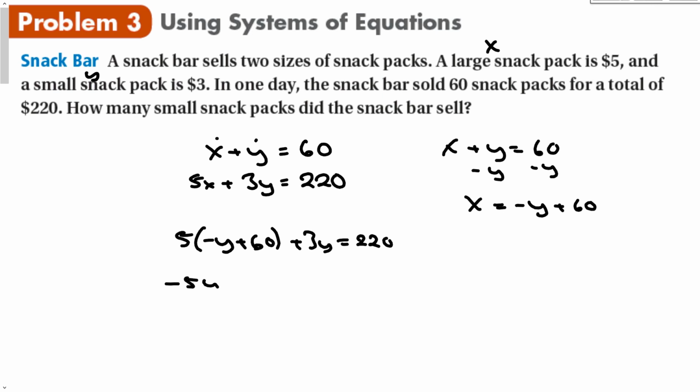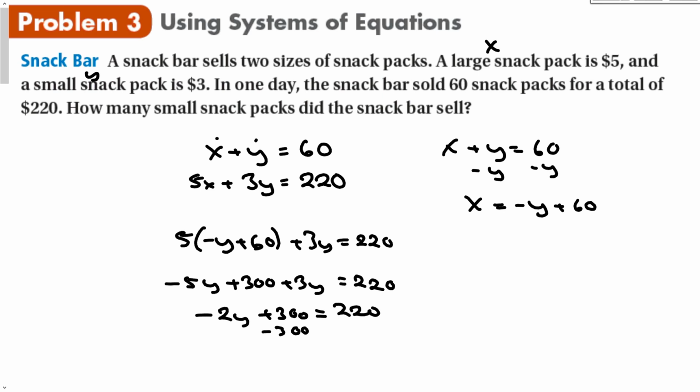That's negative 5y plus 300 plus 3y is equal to 220. The y's can go together, so that's negative 2y plus 300 is equal to 220.